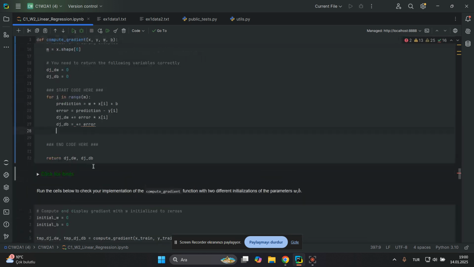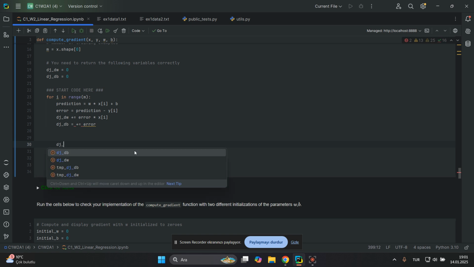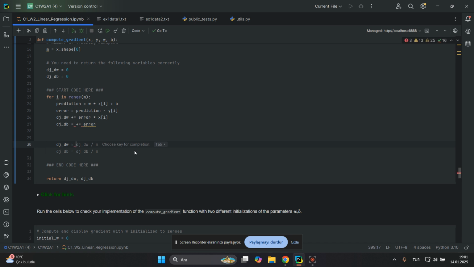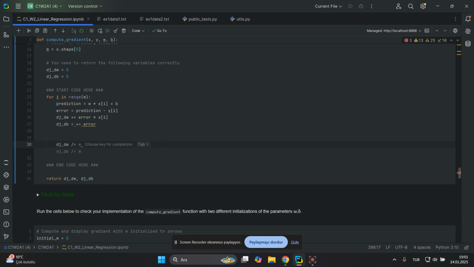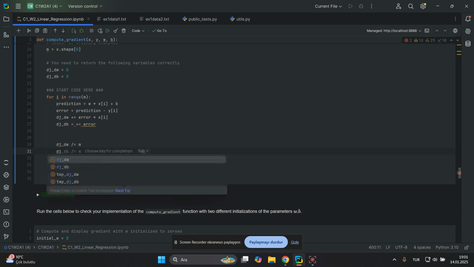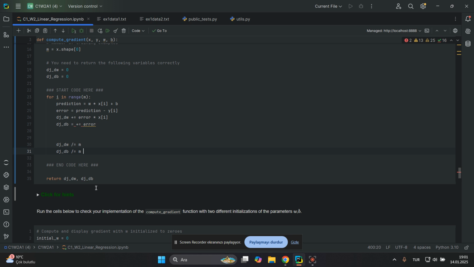After that, what should I do? Dividing by m: dw divided by equals m. And after that, returning.